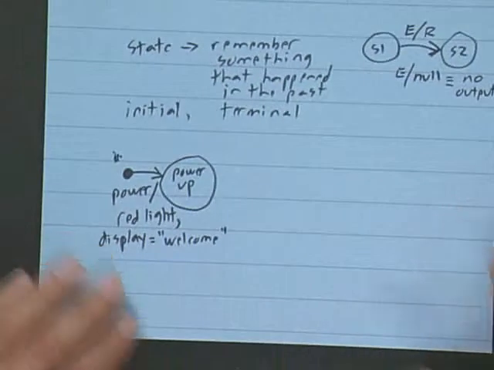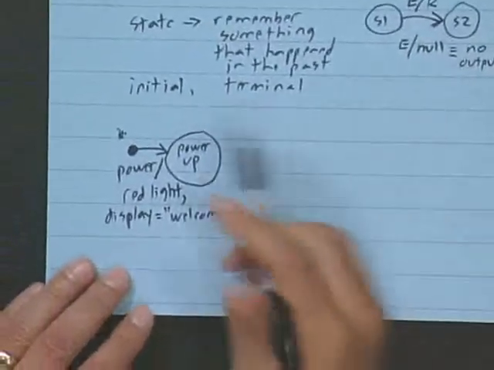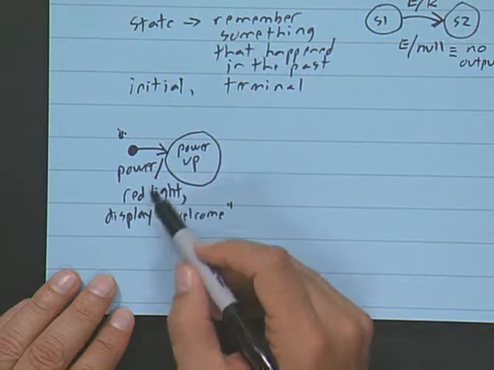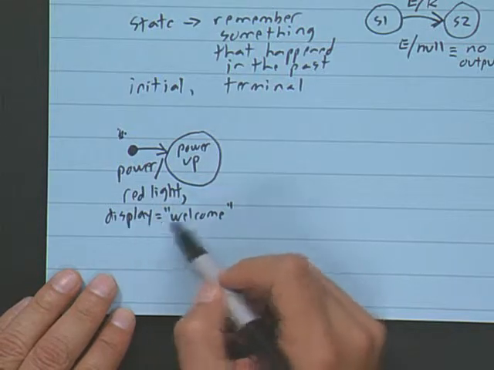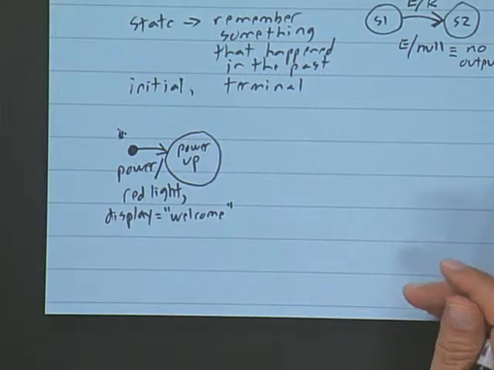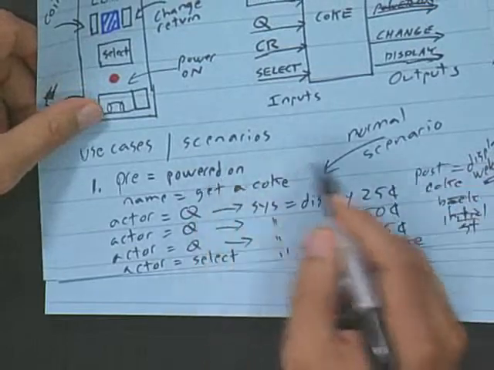So back over here, we follow that same E/R. Over here we have power, the event, slash. In this case, we have two outputs, red light, and we set the display to welcome. So now we're in the power up state. That's the precondition: the system is powered on.